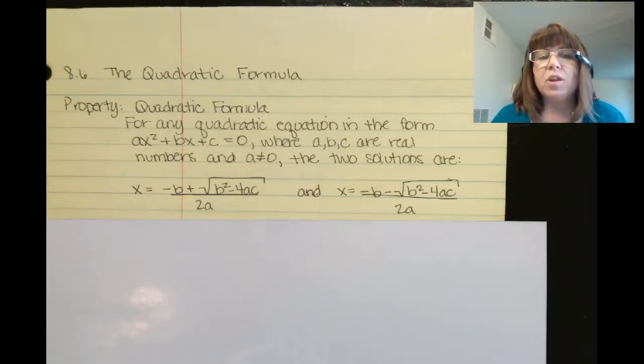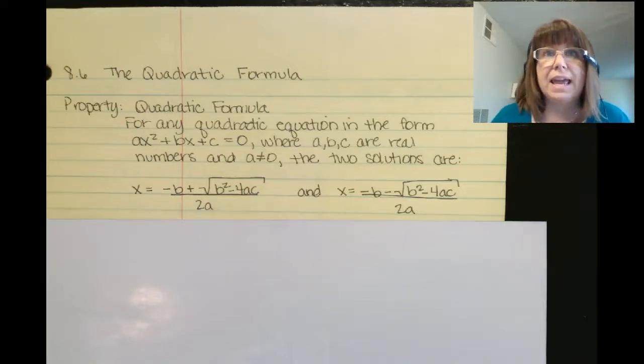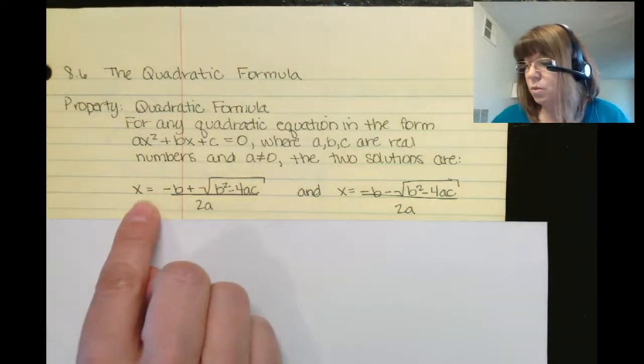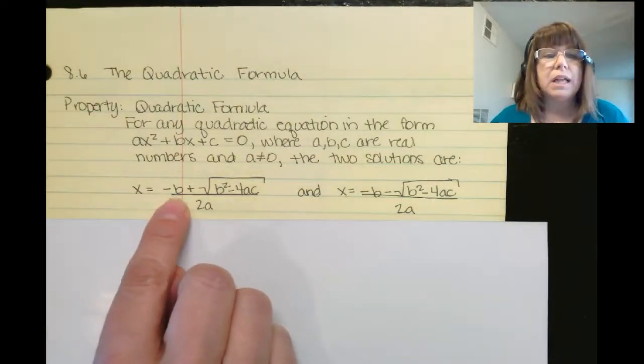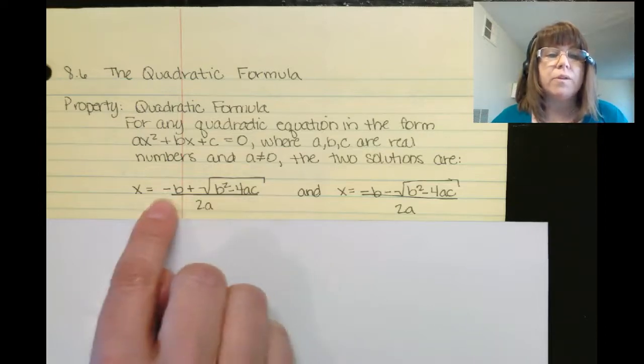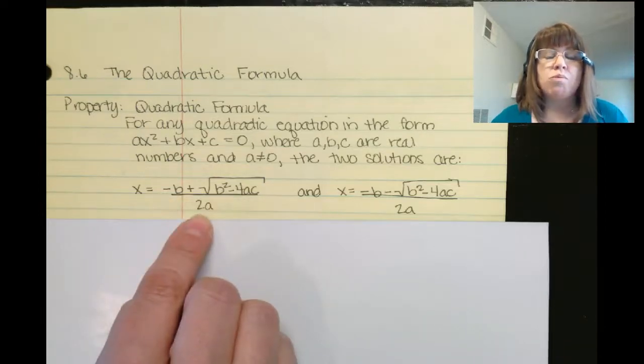So we have a property of the quadratic formula that for any quadratic equation in the form of ax squared plus bx plus c equals 0, where a, b, and c are real numbers and a does not equal 0, there are two solutions. First solution is x equals negative b plus the square root of b squared minus 4ac all over 2a.